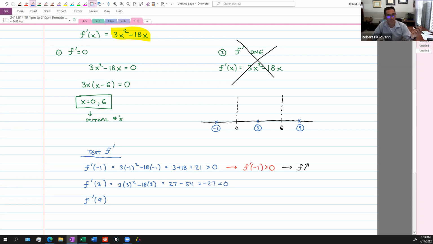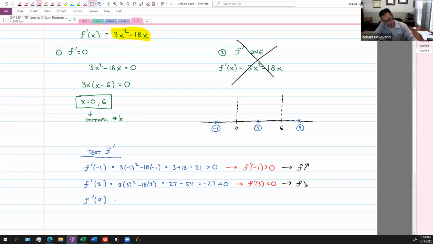That's a negative number, and because it's less than 0, that means my derivative at that point is negative, which tells me my original function in that region is going down. Negative derivative means we're decreasing. Positive derivative means we're increasing.